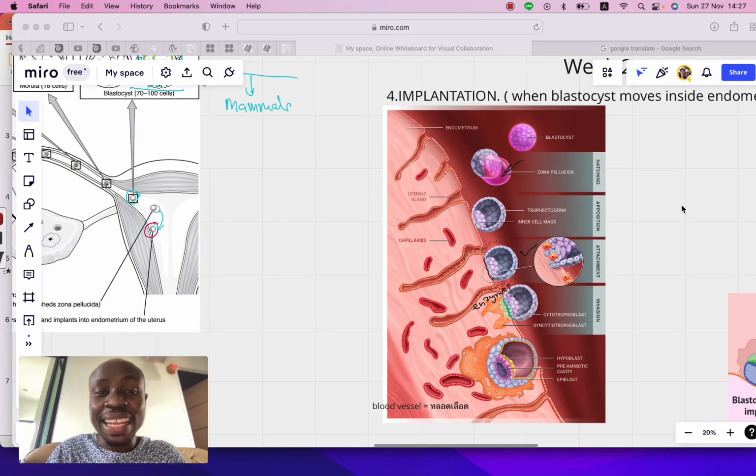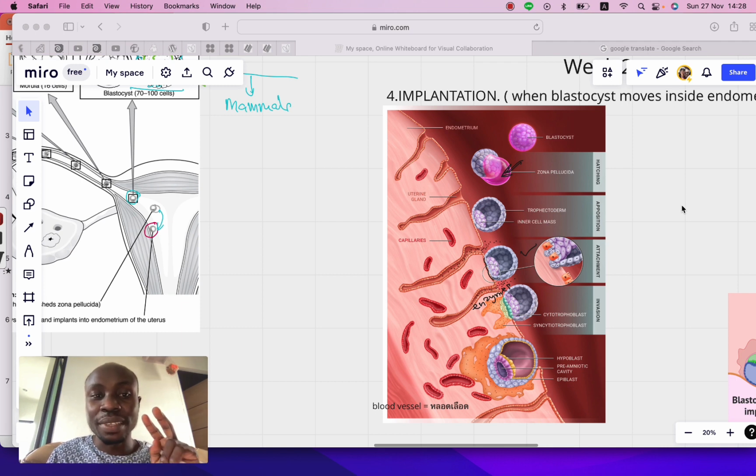Okay, so we are now at week 2. Let's see what happens at week 2. At week 2, the blastocyst is going to move inside the endometrium, and we call this implantation. In step 1, the zona pellucida, this pink cover or layer, is going to disappear.